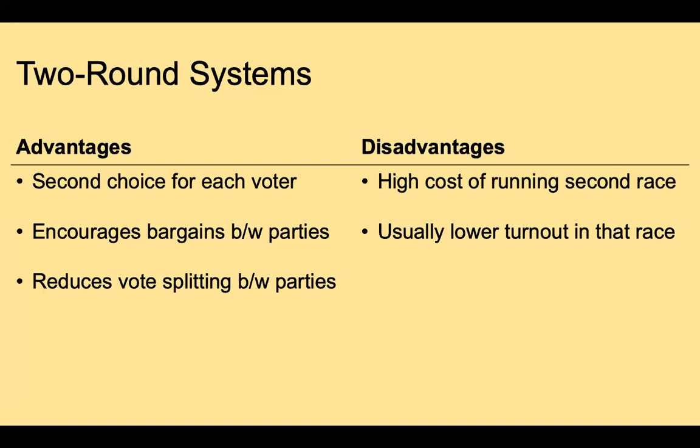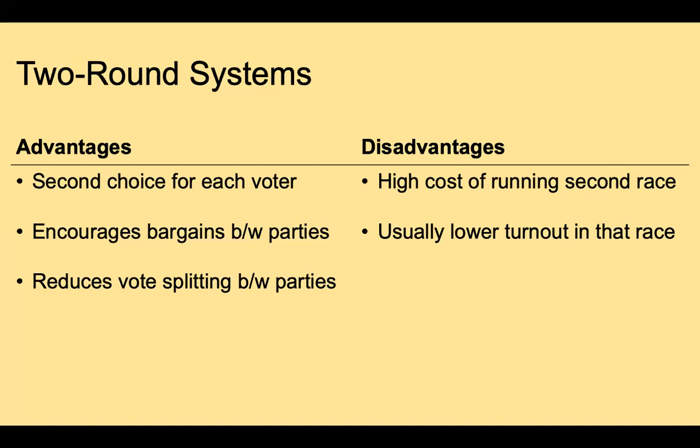In addition, the two-round system encourages bargains between parties because when you eventually declare a victor after the second round, there's a space in between where the parties have an opportunity to work together to reach some sort of an agreement or a bargain or a negotiation.